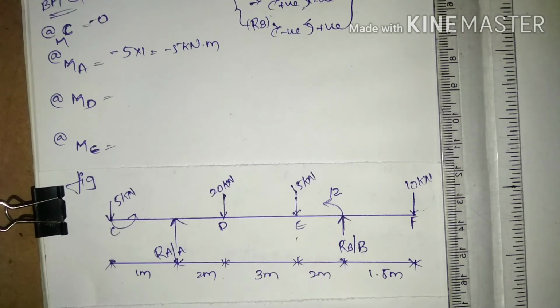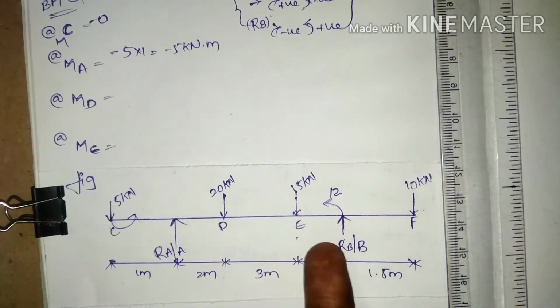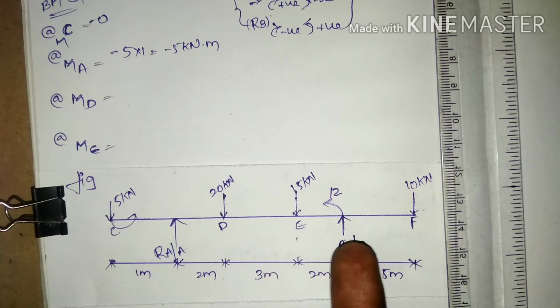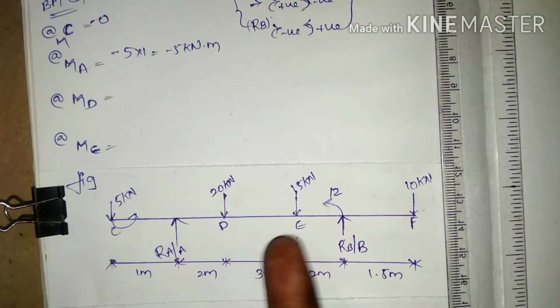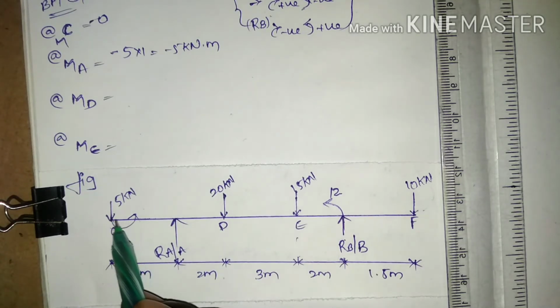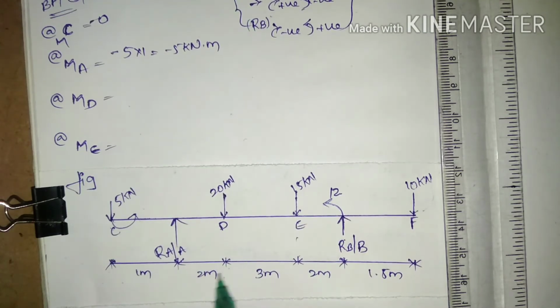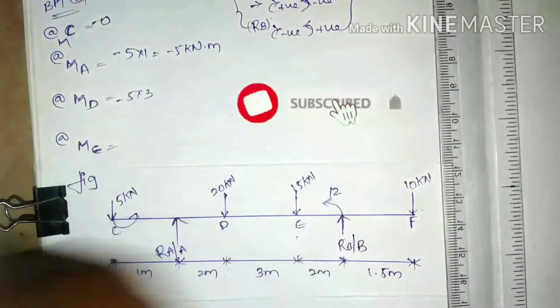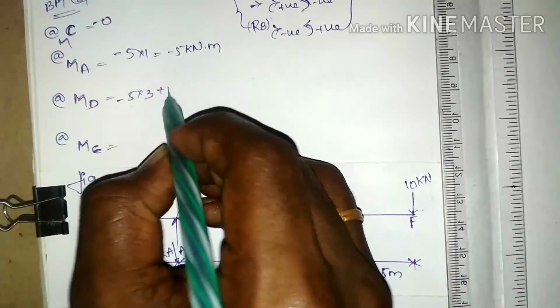And moving on to the moment about D, here I am going to take the left of the section, from the RA side, because you can take the right of this section, but there is a lengthy process with having 1, 2, 3 moments which are going to be taken for moment about D. Here we can only take the C and A if you want to take the moment about D. Here we are having minus 5 because this is going to take the moments in anti-clockwise direction, so minus 5 into 3 meters, because from C to D we are having 3 meters, that is minus 5 into 3, and this is going to take in clockwise direction, so RA into 2, positive RA into 2.